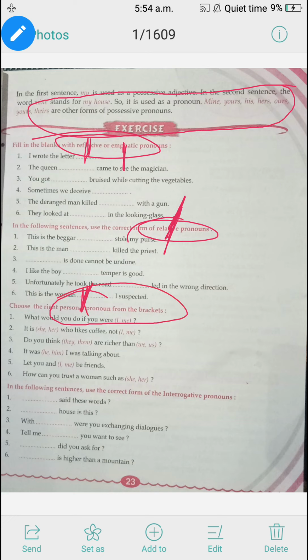Personal pronoun which speaks to itself. Okay, now just see the following sentences. Use the correct form from the interrogative pronouns. Interrogative, asking the questions.